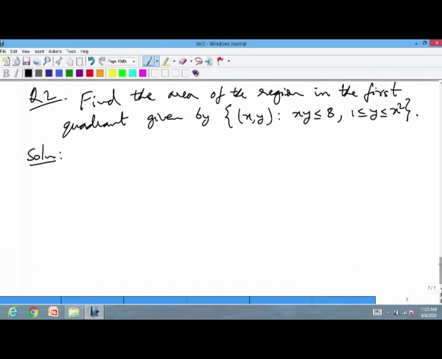So, let us first draw this region. So, we have x y equal to 8 is the rectangular hyperbola, and y equal to x square is the parabola like this.